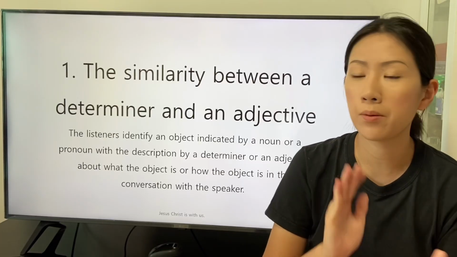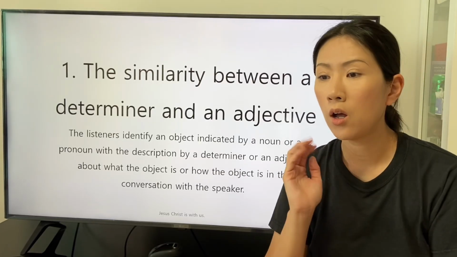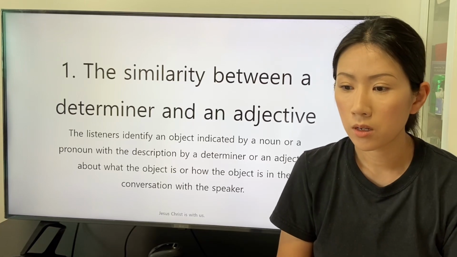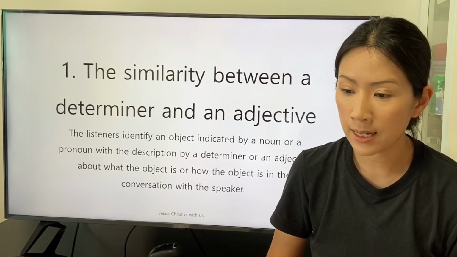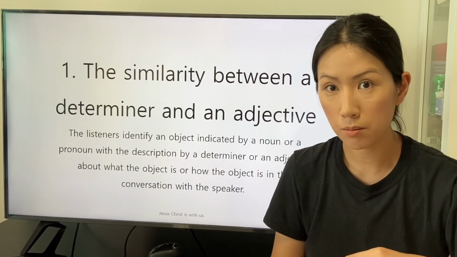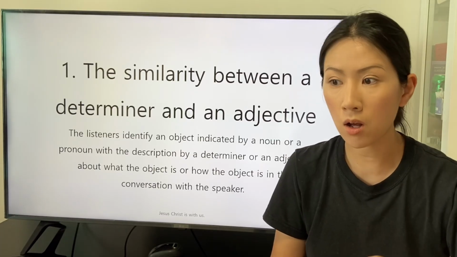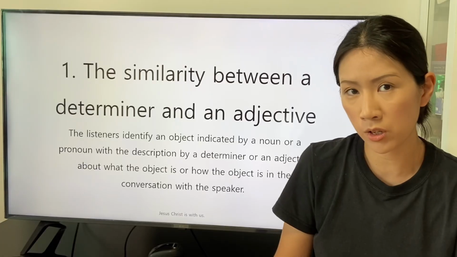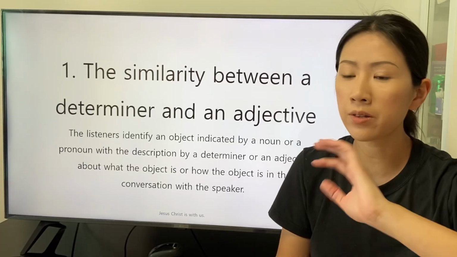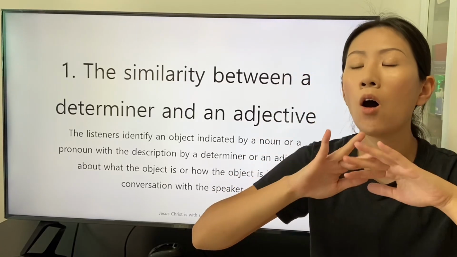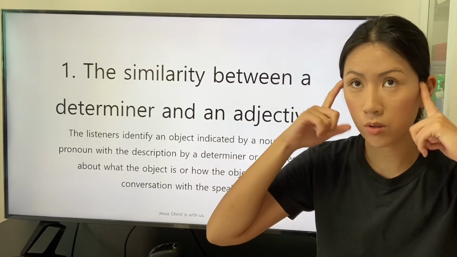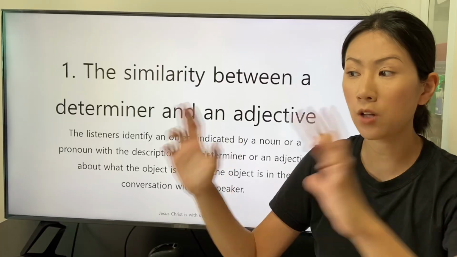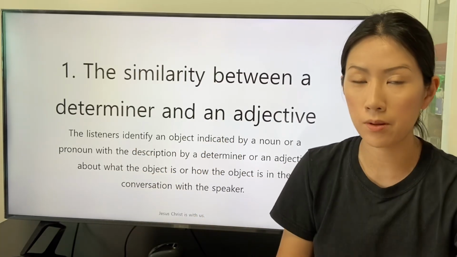The description by a determiner or an adjective is not needed for a proper noun, because without the description, the speaker and the listeners are all able to identify the subject or object indicated by the proper noun.